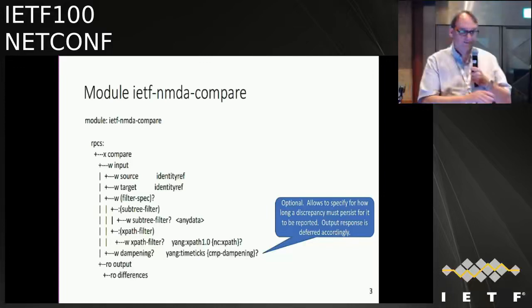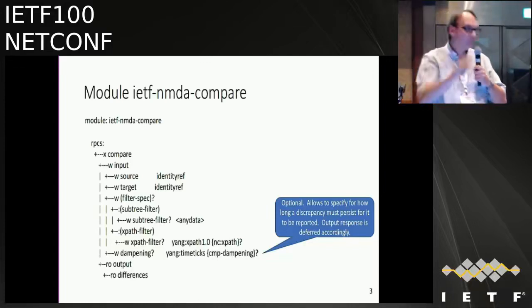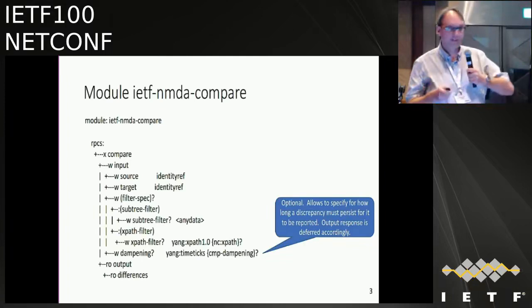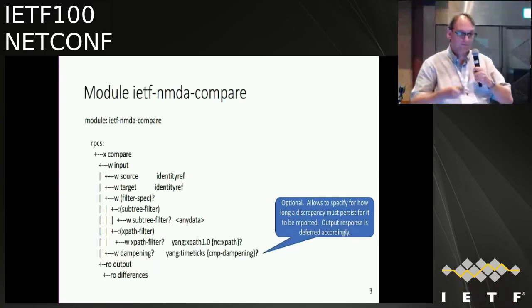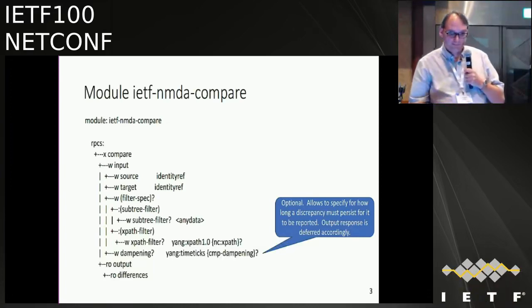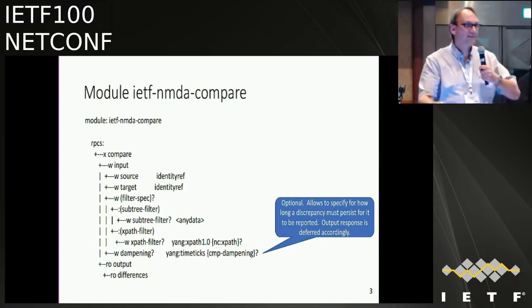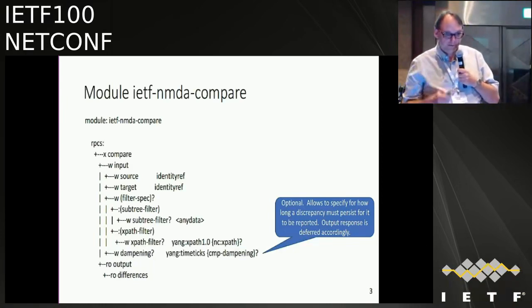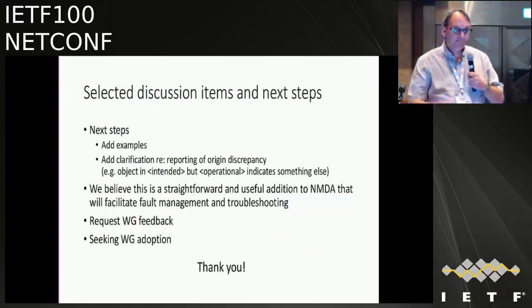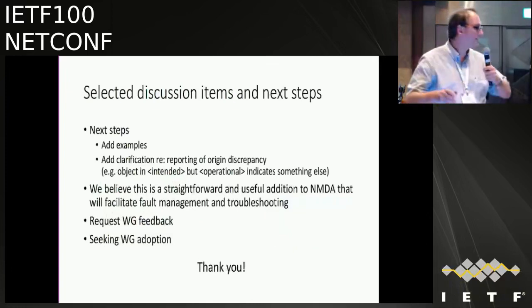We specify a source, a target, a filter specification, as well as a dampening period, which tells you how long a discrepancy would need to persist in order to be reported. The last one is made optional, or conditional as a feature, based on feedback from Rob.